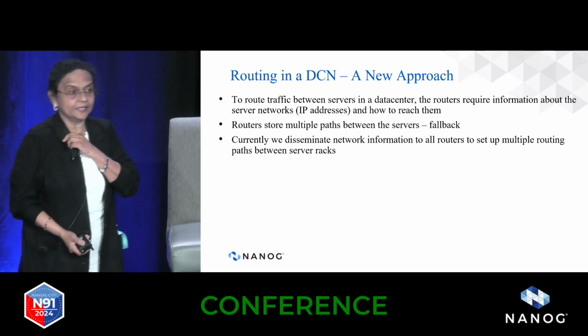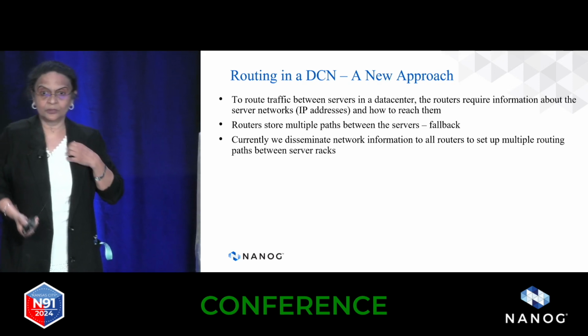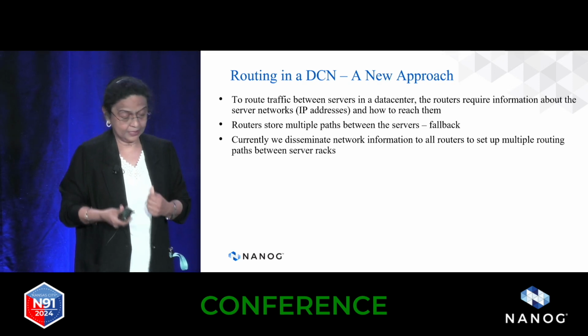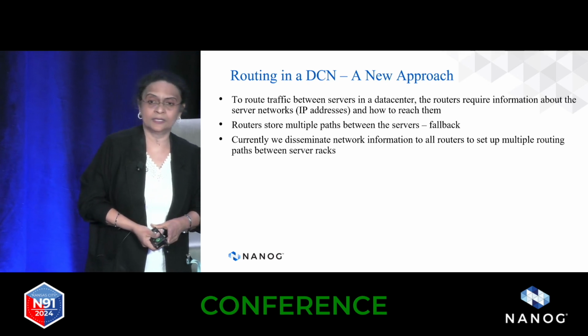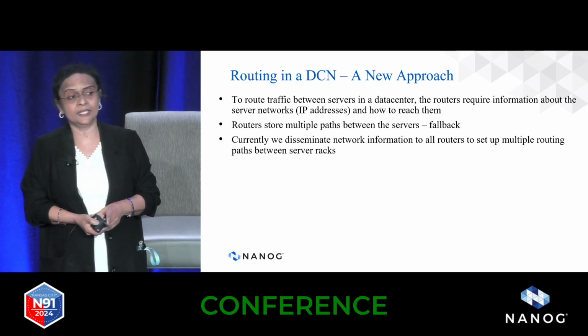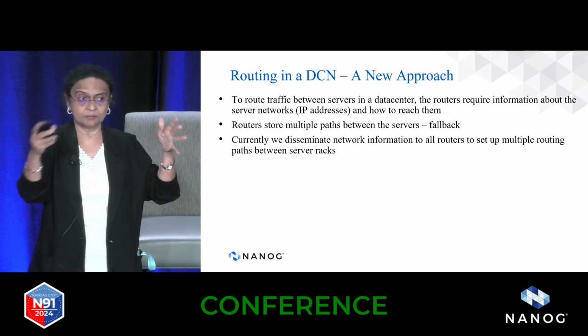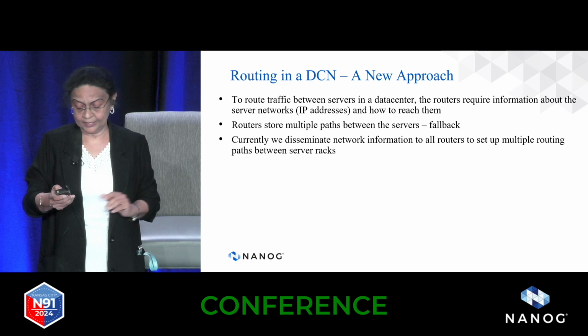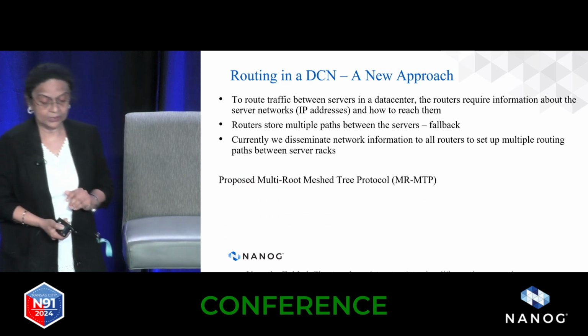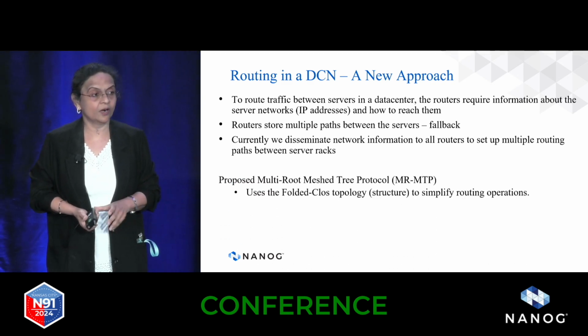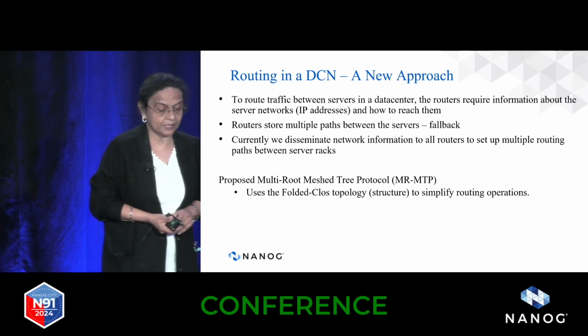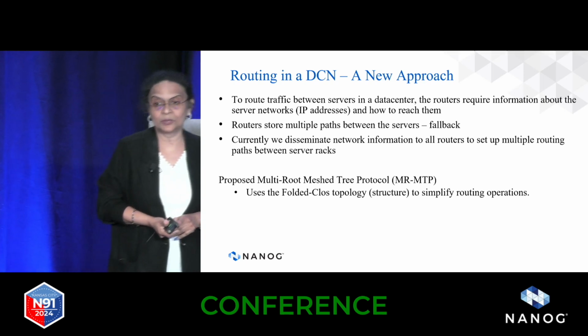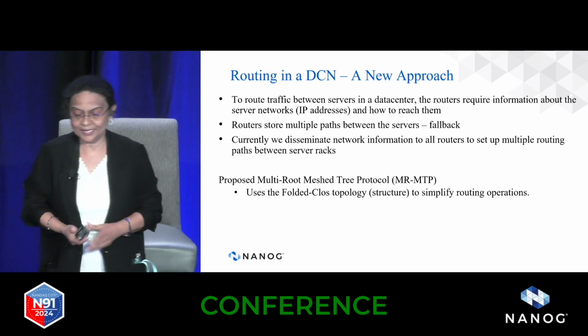Currently, we disseminate this network information to all routers, but the latest BGP for DCN as per RFC 7938 actually does not do that. It's much more optimized and disseminates only the server network addresses. Okay, so that is the name of the protocol that we designed, the multi-route mesh tree protocol, and I have a reason why I named it.